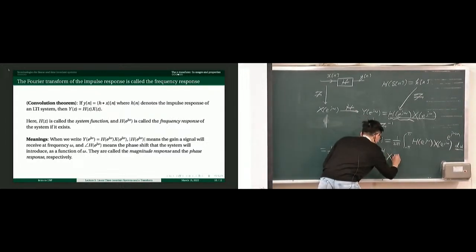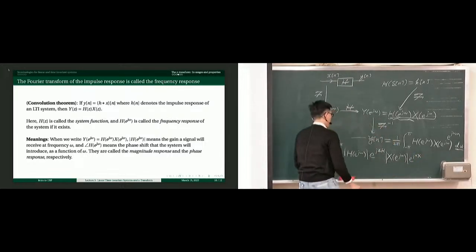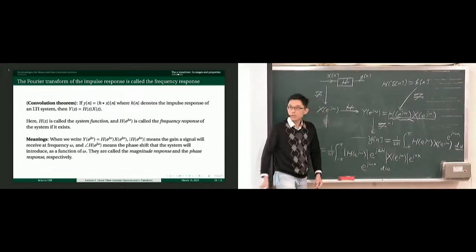Times X, which also has two parts: its amplitude times e to the j, the phase part. And then we synthesize the signal back to the time domain by collecting everything in omega.